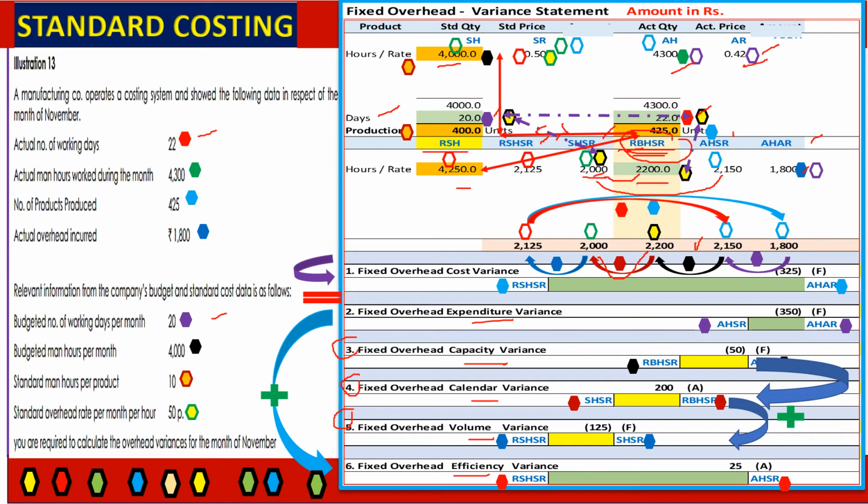That is the efficiency variance, and that is the solution to the problem. With this, we are having exposure to when the days are given, when the days are not given. When the days are given, we will have two variances instead of one, capacity and calendar. If the days are the same, calendar will not be there, only capacity will be there.